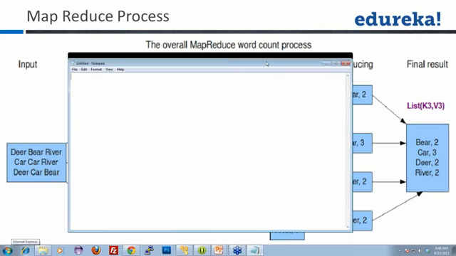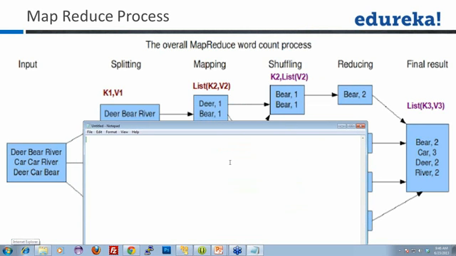Okay. Let's see. So basically, the first step will be giving you deer 1. Okay. Let's assume that instead of bear, we have beer.